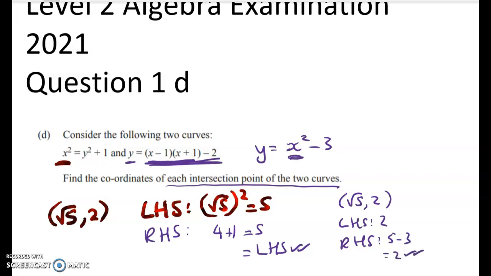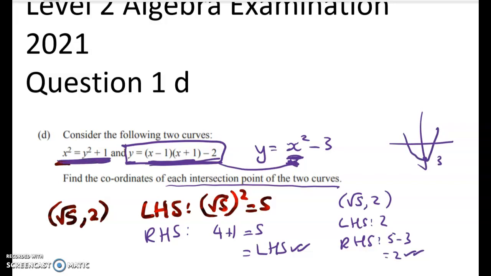So it works. Now the last thing I want to show you is the graph of these. The first thing to notice is that we know what the graph of this is going to look like. This is really easy. This is just a straight up parabola that's been translated down 3 units.